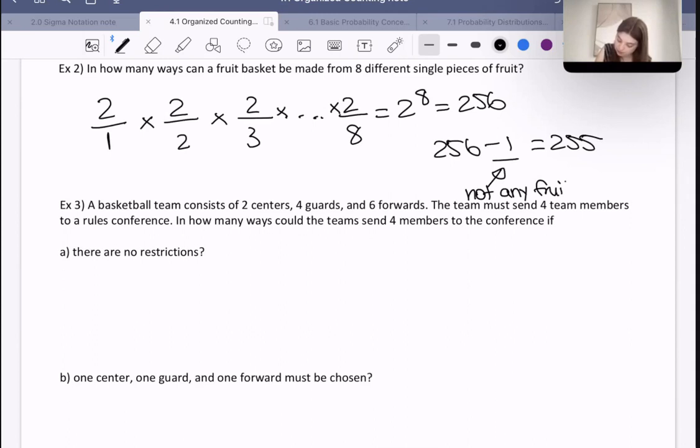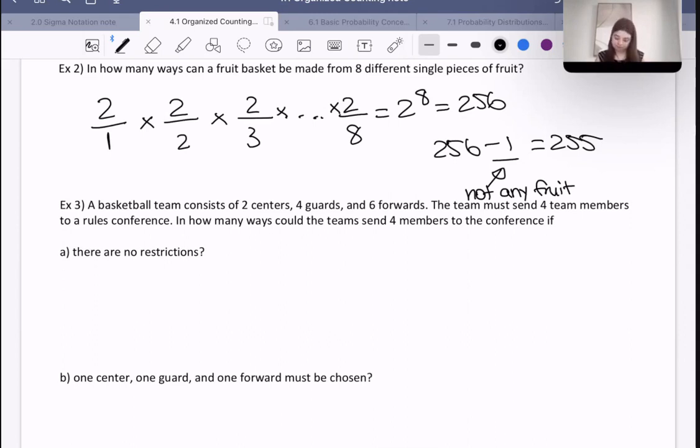Because if we don't put any fruit in our fruit basket, then is it really a fruit basket? Now that said, I will accept either answer because maybe in some people's minds you could have a basket that's meant for fruit that technically you chose not to put any in it. But I'd like to think of a fruit basket as a basket that does have at least some fruit in it, right? So I would personally say 255 is the correct answer, but would also be open to accepting either. I think 256 is close enough.